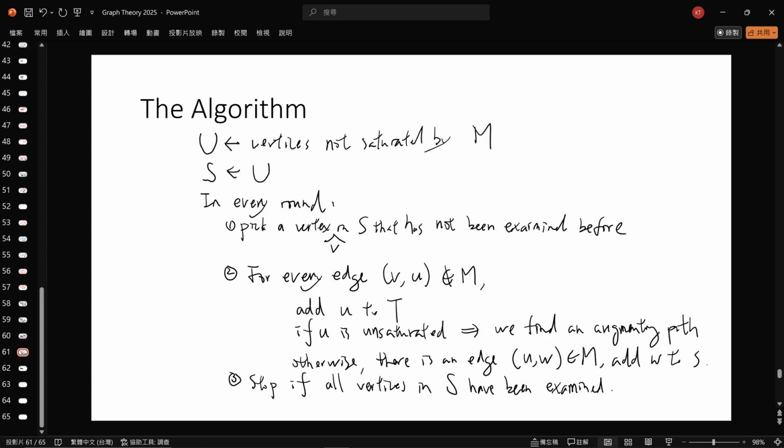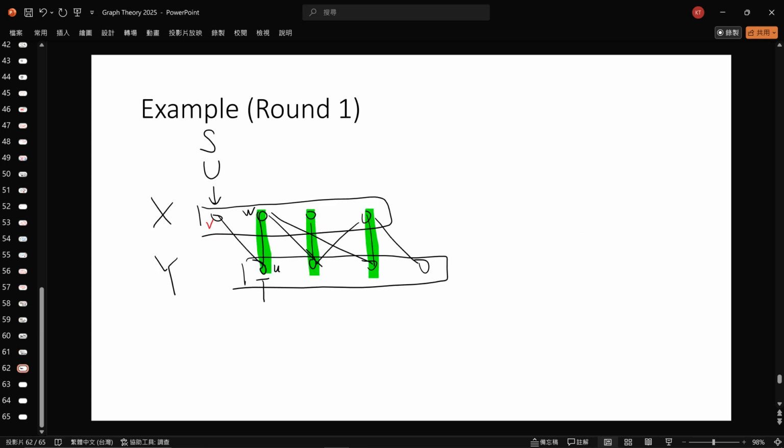So this corresponds to the vertex V we choose in the first step. And then we're going to consider edges not in the matching. So we're going to consider this one. So this one will be U. So we check whether this vertex is saturated or not.